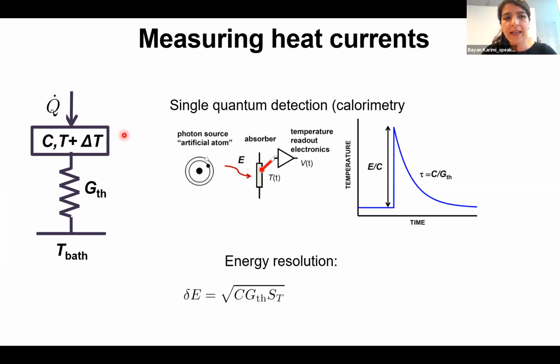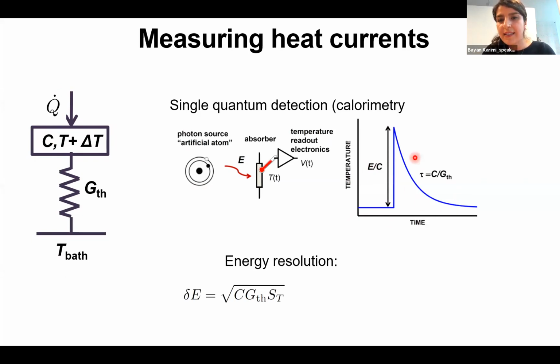So here we can see that while we are applying a heat pulse to the reservoir, if the temperature of the bath is equal to our absorber here, then because of the pulse we have a rise in temperature, which is proportional to the energy of this quanta divided by the heat capacity. And then if nothing else happens, the temperature relaxes back based on the time constant C over G thermal.